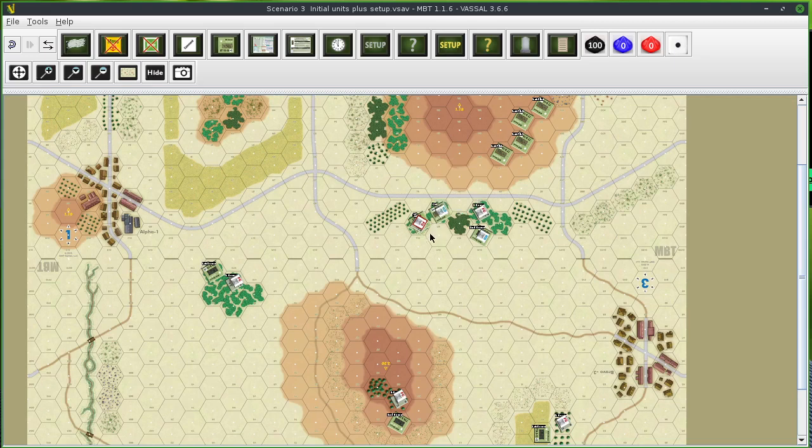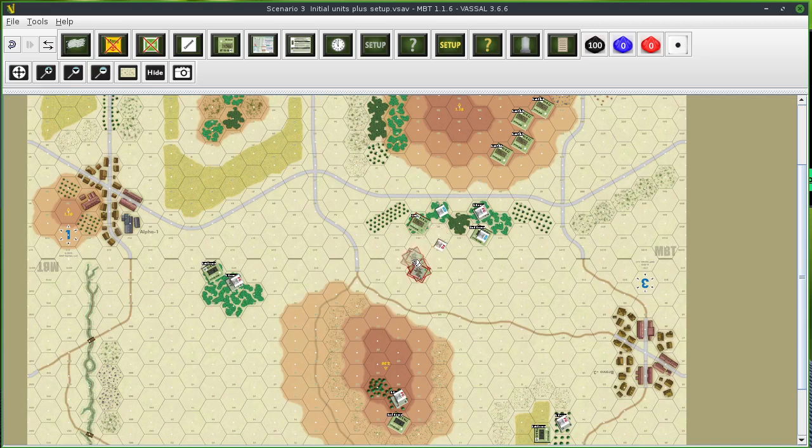I'm going to move that back, I think, because I don't think that's a great position for that Abrams to be in right now. So I'm actually going to move that back. Okay. Move that there. And I'm going to move that Abrams tank back here, and I'm going to orient it in that direction.